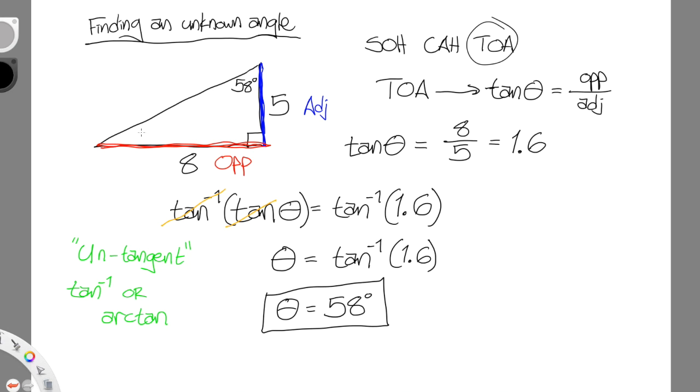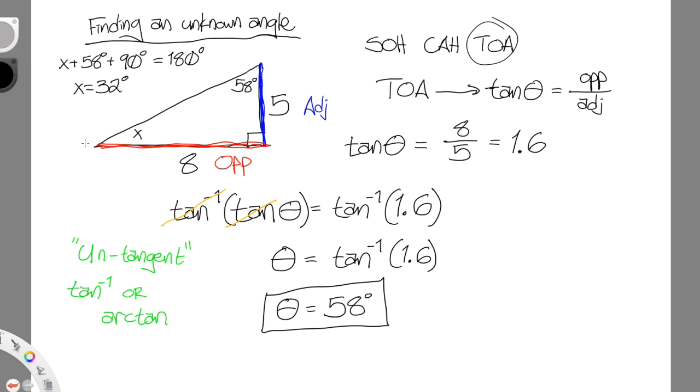So if we wanted to know this angle here, let's call it x, then x plus 58 degrees for this angle up here that we just found, plus the other angle, 90 degrees, has to add up to 180. So if we subtract 90 from both sides, then subtract 58 from both sides, we should get x equals 32 degrees.